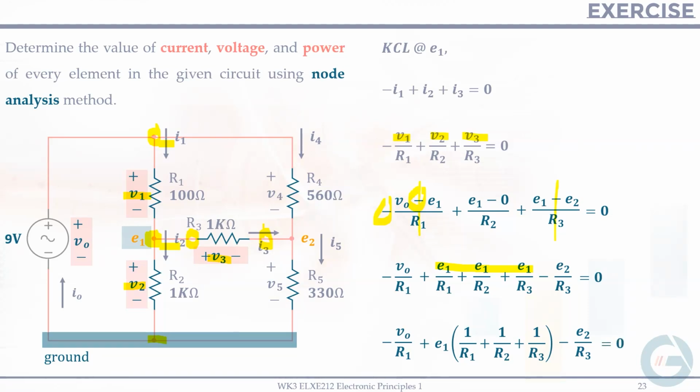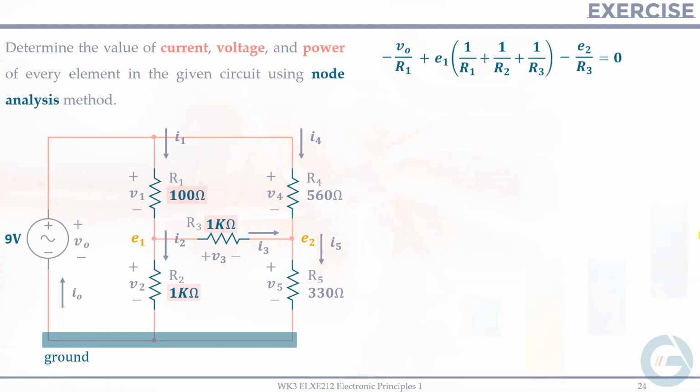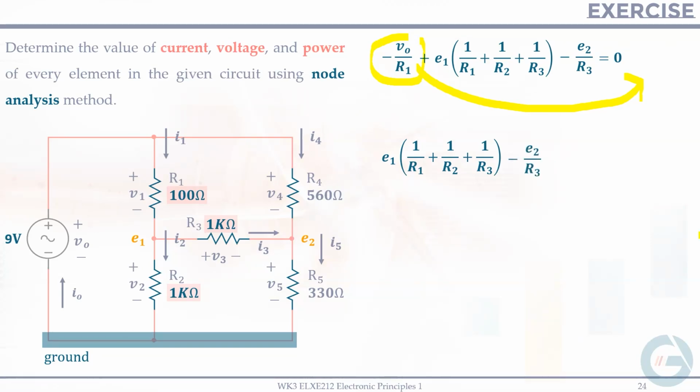Okay, next, let's substitute the values. First, let's transfer this negative V over R1 to the right side. So it will become positive. Okay, so we have that unknown variable, E1, minus E2 over R3 equals positive V over R1. Next is the values of resistances. R1 is 100 ohms.